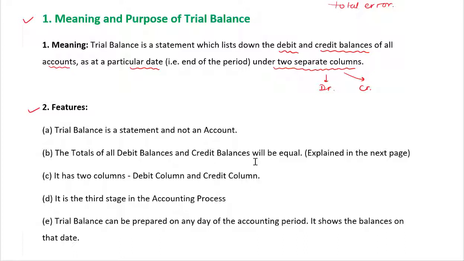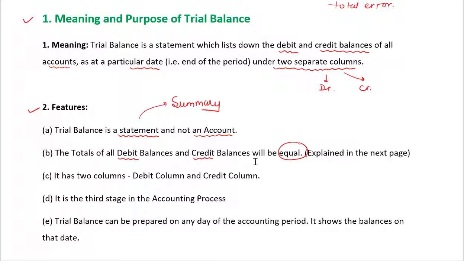Let's try and understand the features of trial balance. A trial balance is a statement and it is not an account. Statement is a summary. Number two, the totals of all debit balances as well as credit balances should be what? Should be equal.